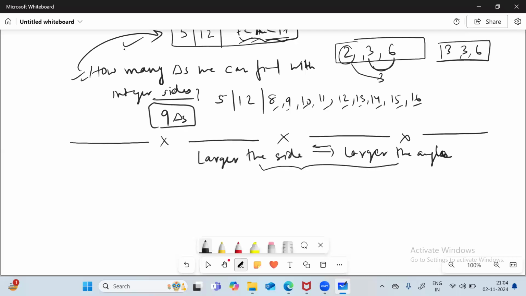The only thing to remember is it is not proportional. Proportional means that if the side is doubled, the angle will not get doubled. But if two sides are equal, the opposite angles will also be equal. Two angles will be equal.